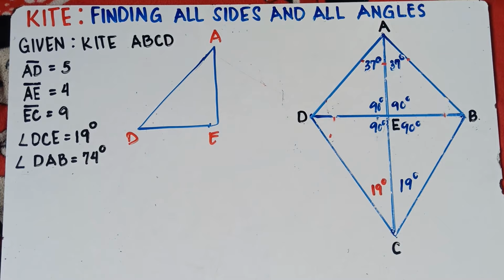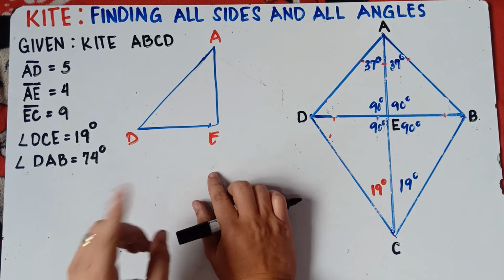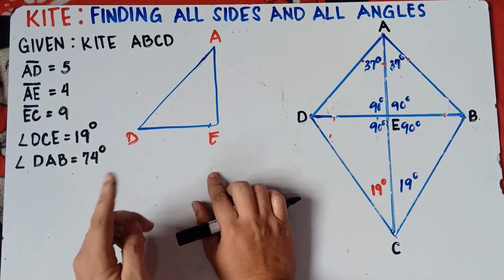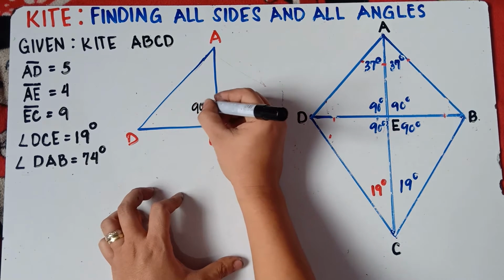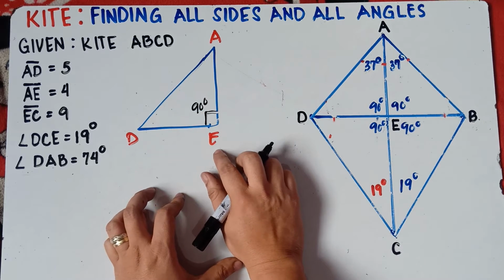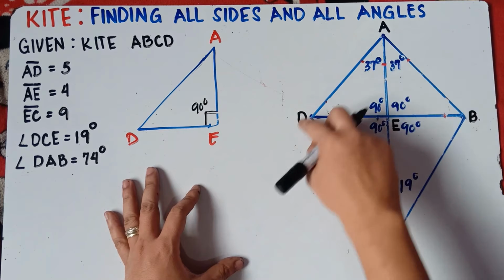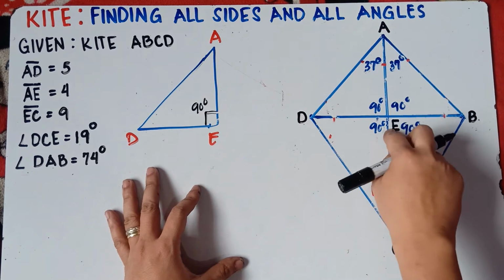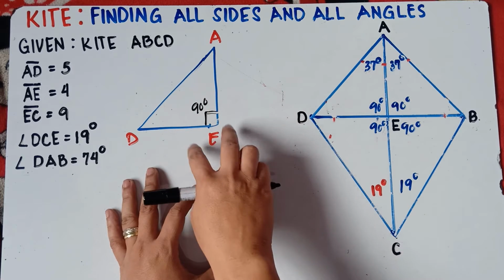Sir, question, when do we know that this triangle is a right triangle? We will know, class, that this triangle is a right triangle if one angle measures exactly 90 degrees. And this angle E measures exactly 90 degrees. Okay, look at the drawing, class. In the illustration ADE, this angle right here is 90 degrees. Therefore, we call this one a right triangle.